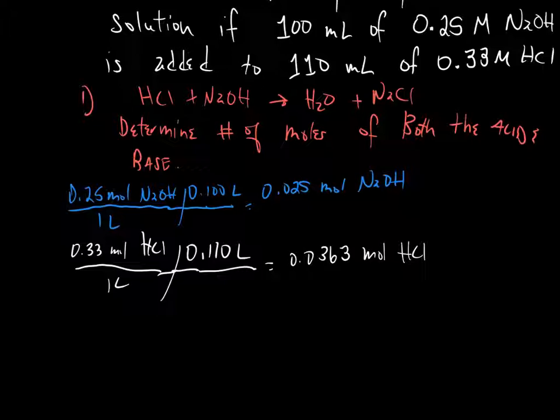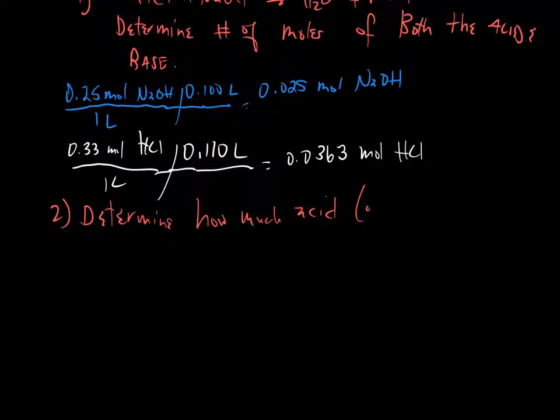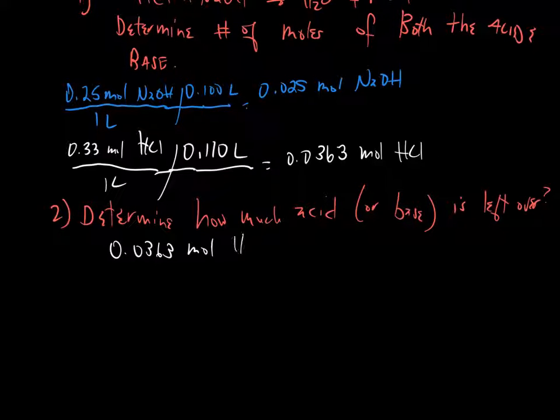Okay, let me move this stuff all up. So step 2 is, if I was doing it, determine how much acid or base is left over, because if we had more base than acid, then we'd have extra base. And here we literally have 0.0363 moles of HCl.